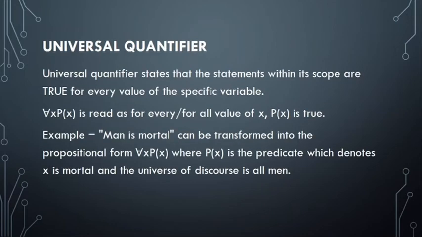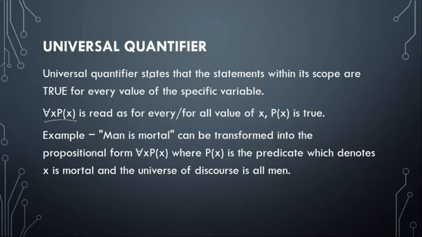The first is the universal quantifier. The universal quantifier states that the statements within its scope are true for every value of the specific variable. If you take a look here, it reads: for every or for all values of x, P(x) is true.